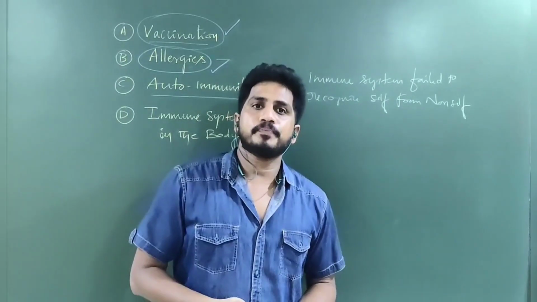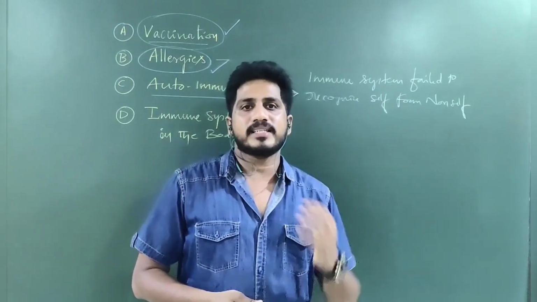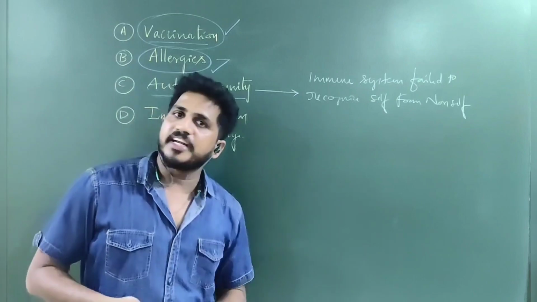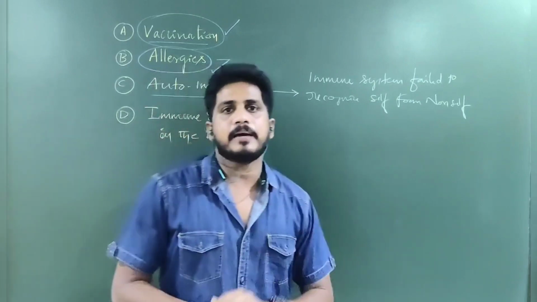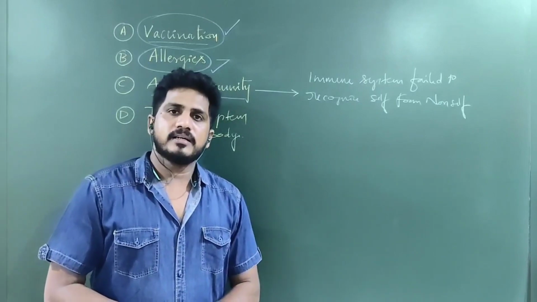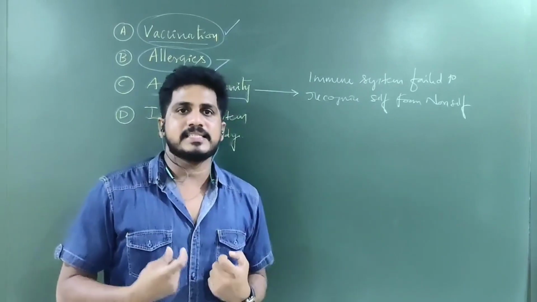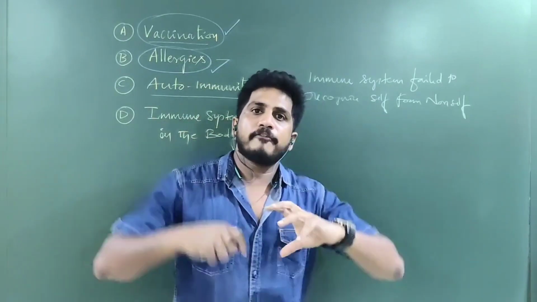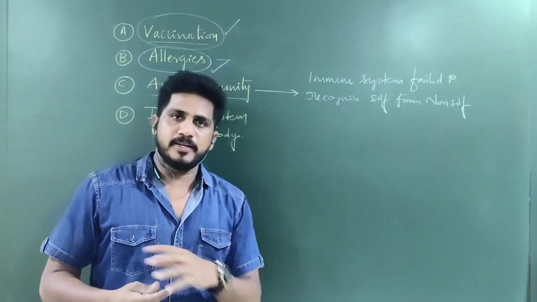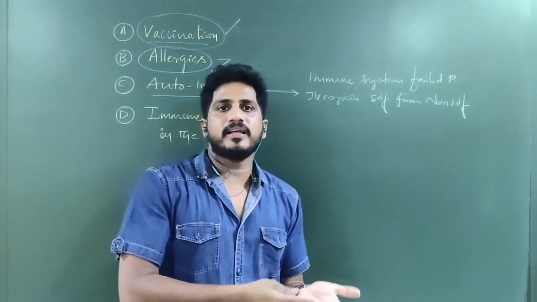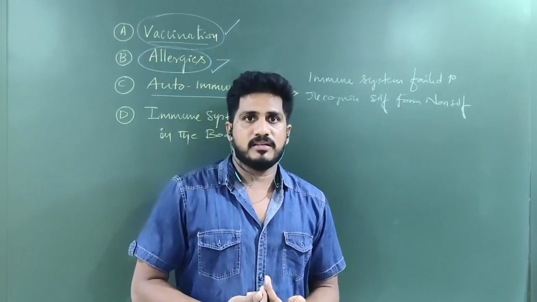No. So he failed to recognize. Like that, some of our immune cells fail, genetically or because of some changes due to some syndromes, and our own immune cells, mainly B lymphocytes or T lymphocytes, fail to recognize whether this is a foreign body or our own body.